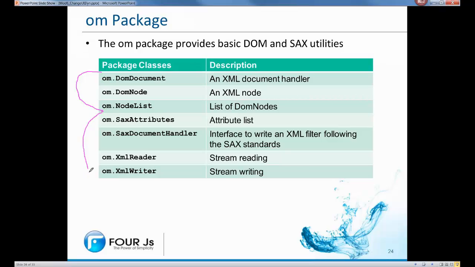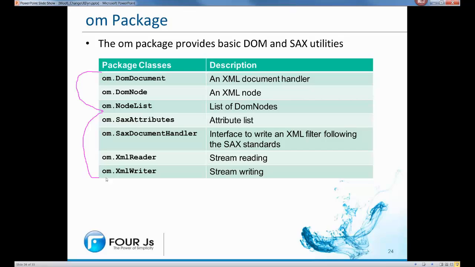I then have another set of methods that deal more with reading and writing XML files. So XML reader and XML writer are stream reading in and stream writing out XML files. The SAX document handler and the SAX attributes are methods for manipulating XML elements and for writing XML filters. So they're dealing with XML file creation and XML file manipulation.